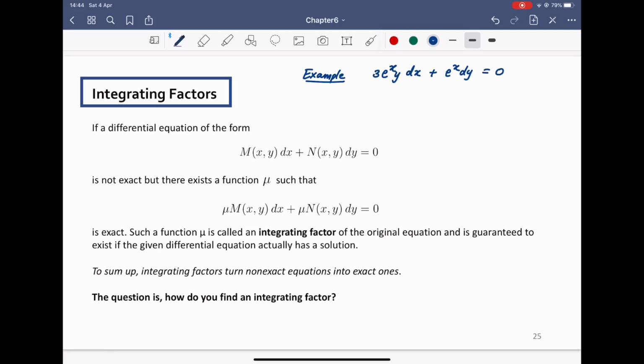Well, let's start by trying to use the exact differential equation technique. So I'm going to let M be this thing, and I'm going to let N be this thing.